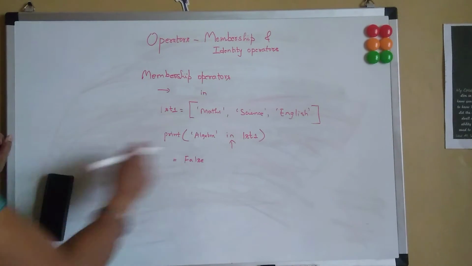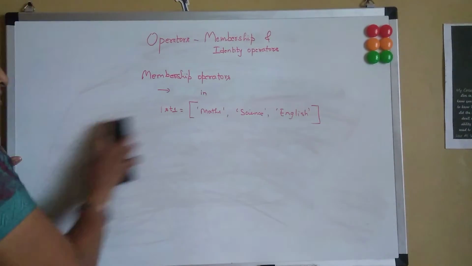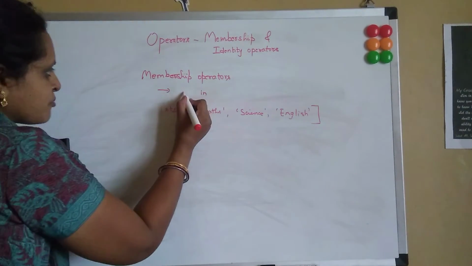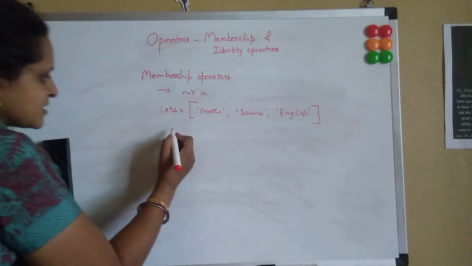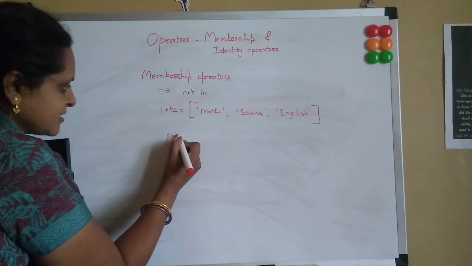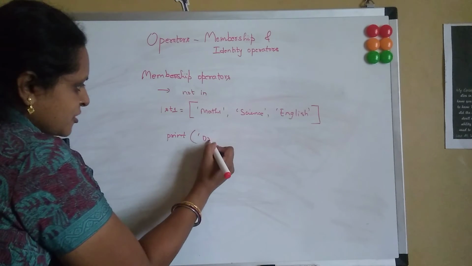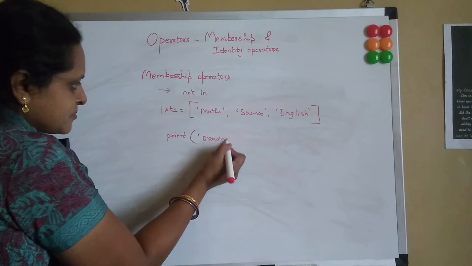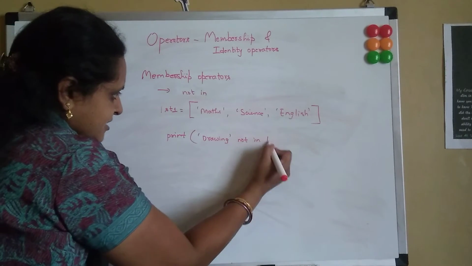So friends, this is how the in membership operator works in Python. Now let's look into the not in operator. Let me take the same list and say print "drawing" not in LST1.